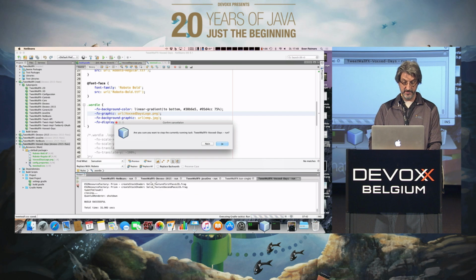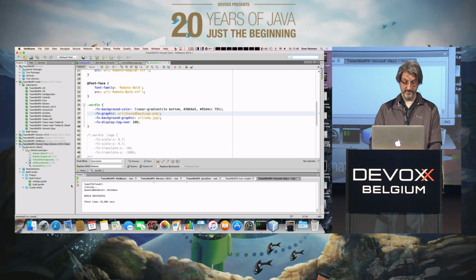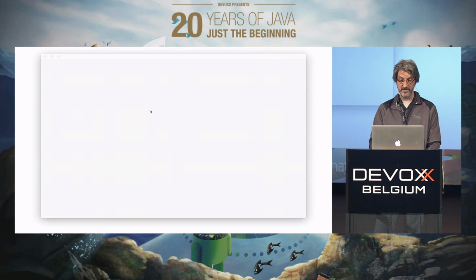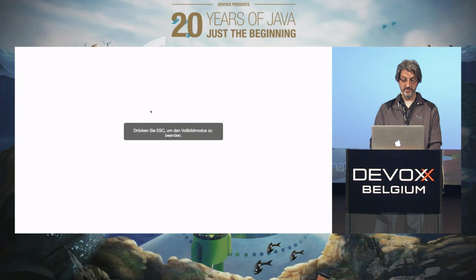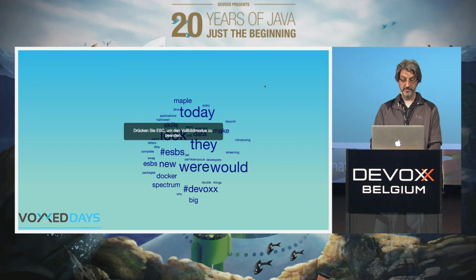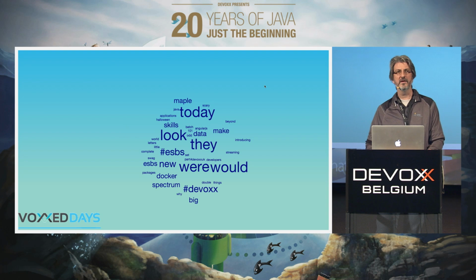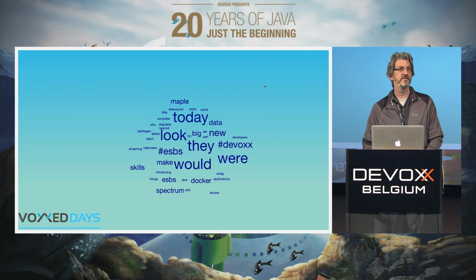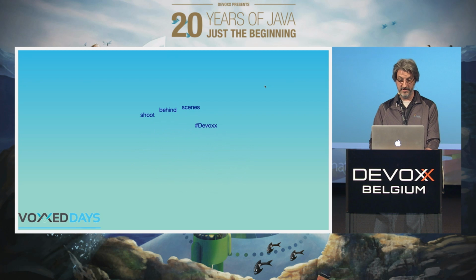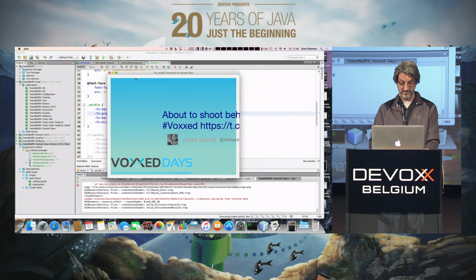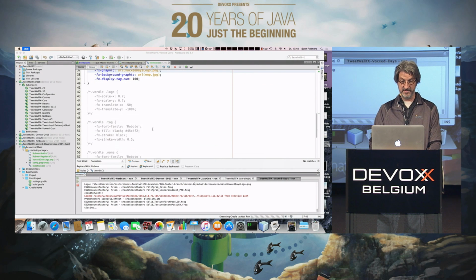Once you have the logo running, just adding the logo. But somehow, the logo looks nice, I think, but I think the color of the tags is not good. Too bluish, not the light blue from Voxxed. So let's see if we can fix this one.